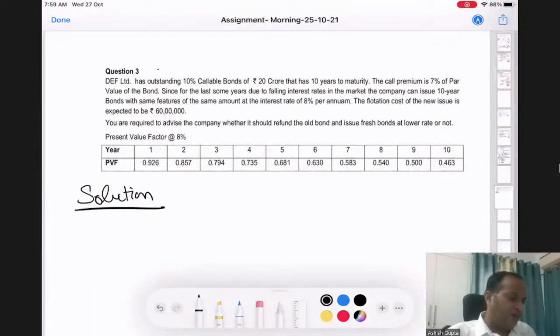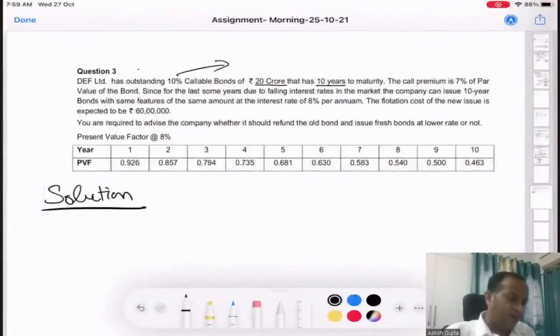DEF Limited has outstanding 10% callable bonds of 20 crores that have 10 years of maturity. So the existing coupon rate of interest is 10%. The call premium is 7% of the par value of the bond.